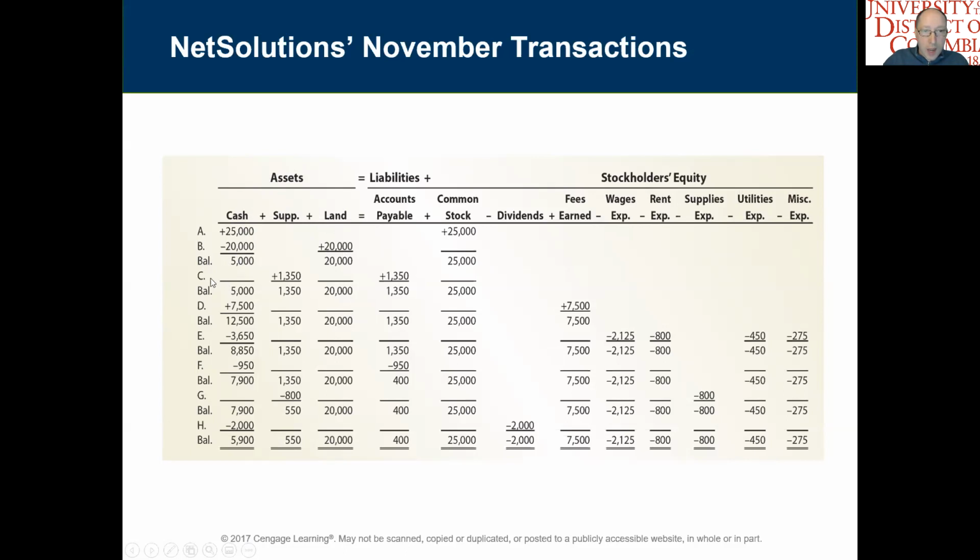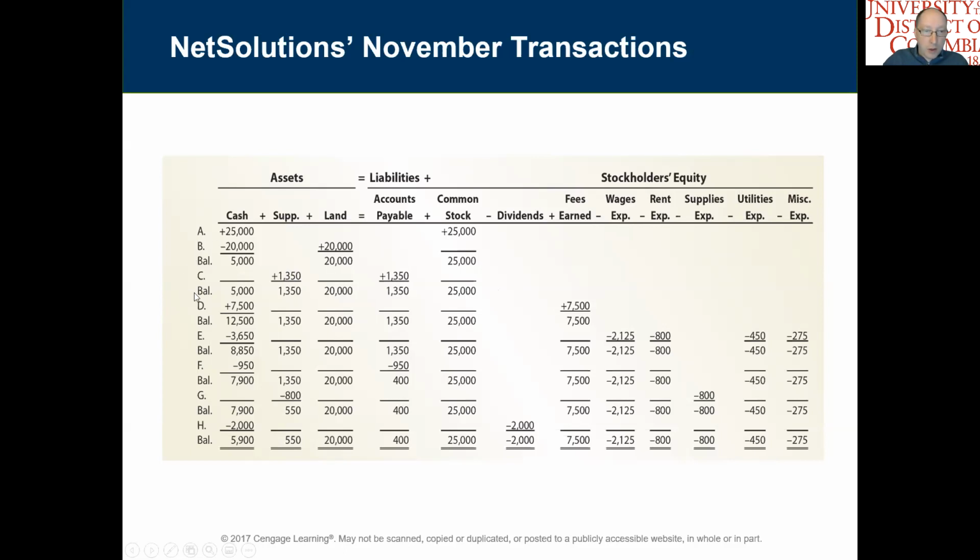The next transaction, it looks like we purchased some supplies or inventory on account. So for $1,350, supplies increased. We purchased it on account. Account means we received the bill, we'll pay it later. So we increase our accounts payable by $1,350.